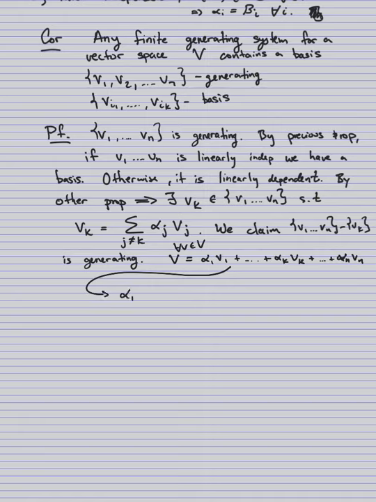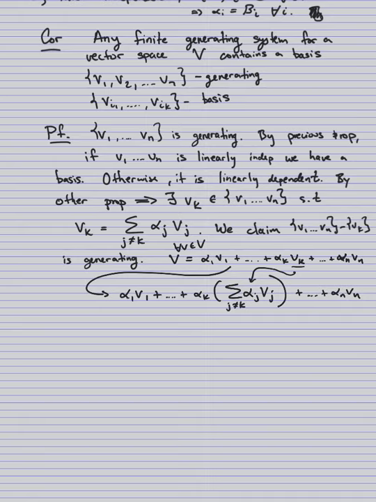So we get alpha 1 v sub 1 plus alpha k, and now it's a sum from j not equaling k of alpha j v sub j, plus alpha n v sub n. Okay, so I've just rewritten v sub k as a sum of the others.